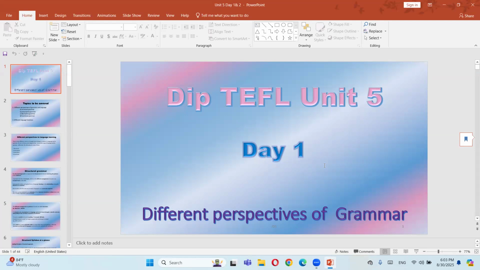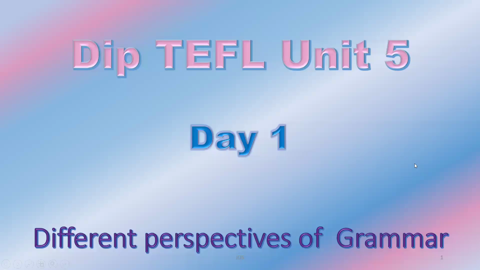That means basically starting from the late 17th century up to this day, what were the different views that were held related to learning a language and especially related to grammar of the language. So that is what we are going to focus and discuss today in Unit 5, right?